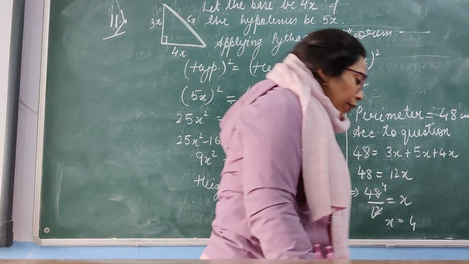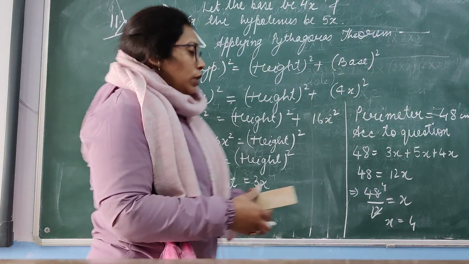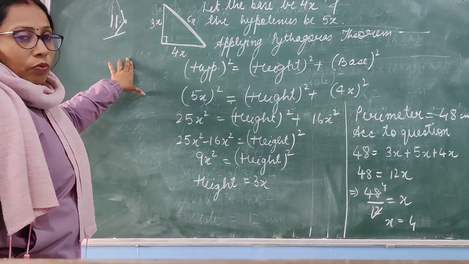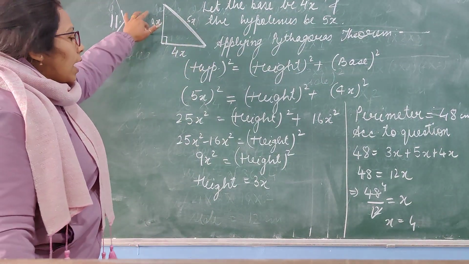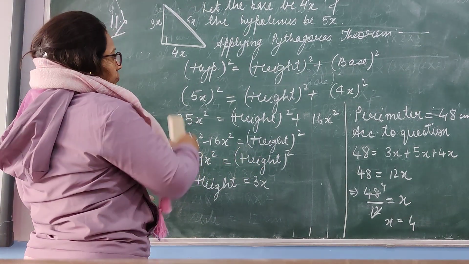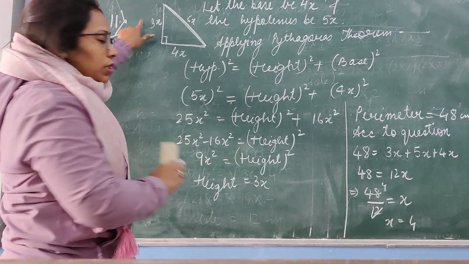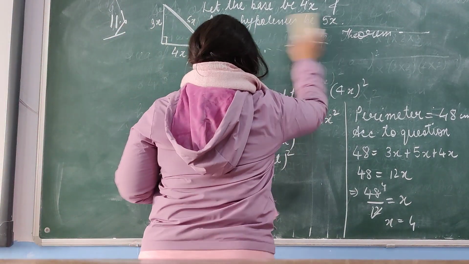So now in this question we have to find out the area. To find out the area we need the base and the height. We have got the value of x. We can substitute the value of x in 4x and 3x, isn't it? I am erasing it over here.